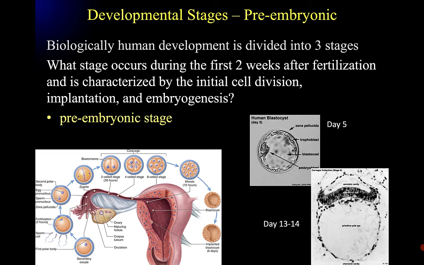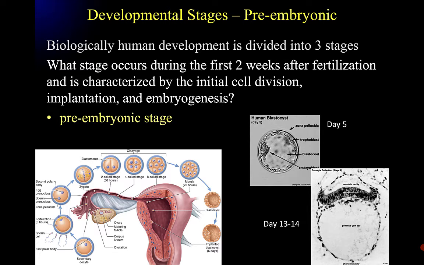So when we think about breaking up developmental stages into a set of 3 stages, or stages that really mark what's going on with development, we do this in a little bit different way than the trimesters. We break them up into pre-embryonic, embryonic, and fetal, which actually gives us some terms to refer to the product of conception as.